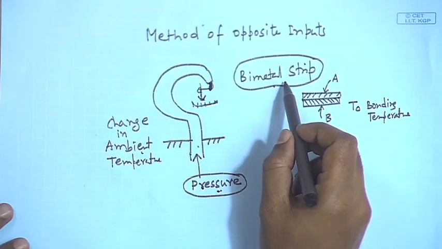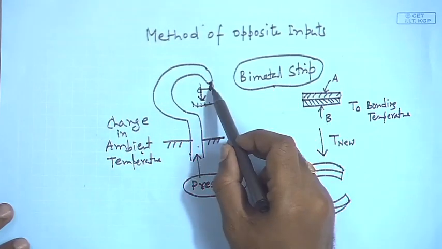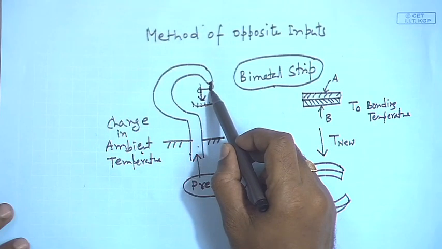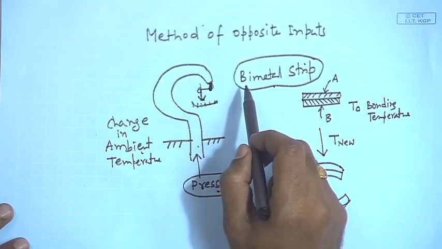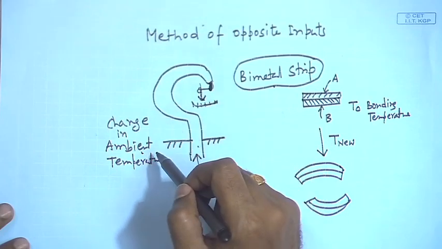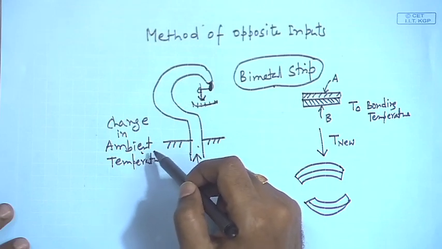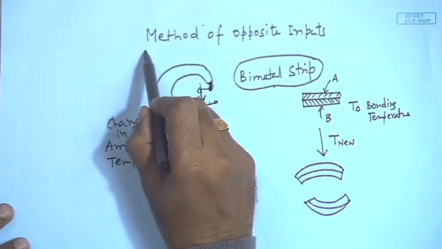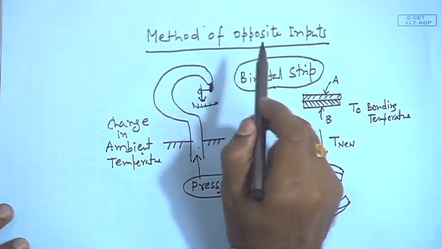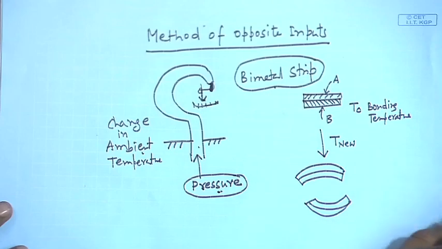So, by putting a suitably designed bimetal strip, I can cancel out the extra deflection that has caused due to change in ambient temperature. So, this is again an example of method of opposite inputs.